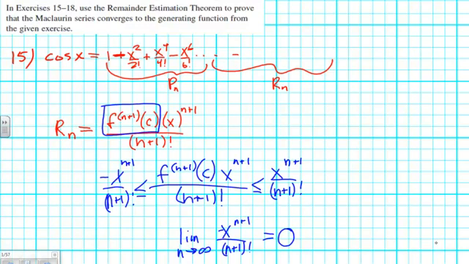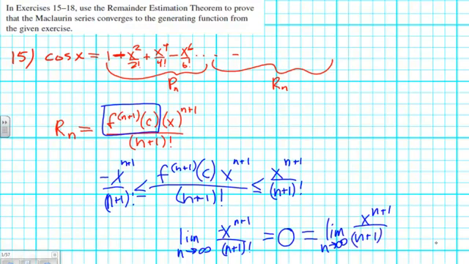We've seen for very large x's you have to go very far away, but eventually I can always find an n value which will make the factorial bigger, and that will drive the limit to 0. And of course, this is also equal to the limit as n approaches infinity of the positive version.